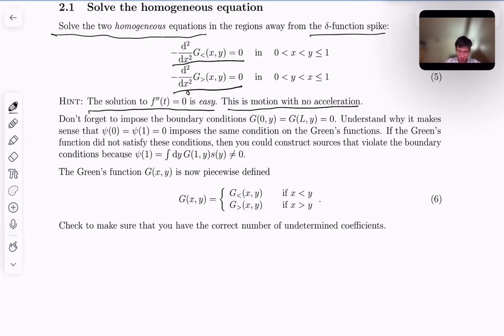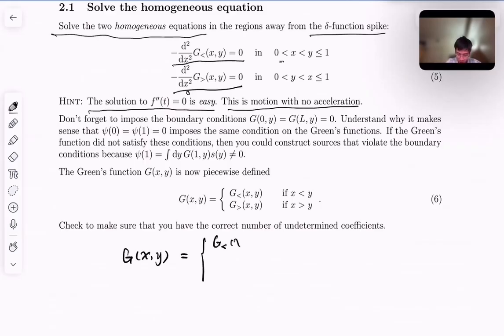Because this is with respect to x, we can write the solution G(x,y) directly, piecewise.